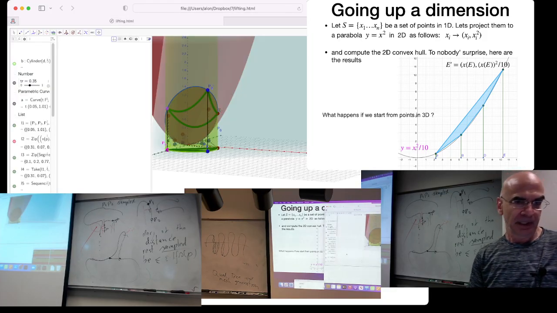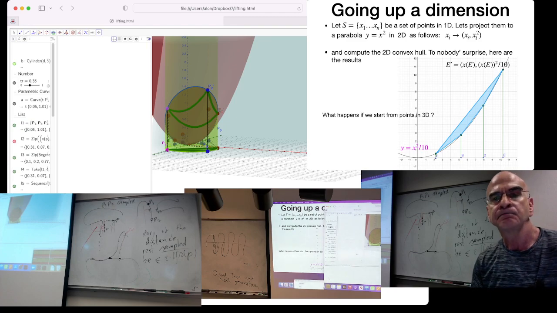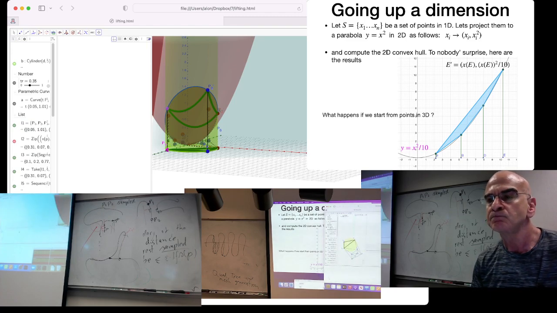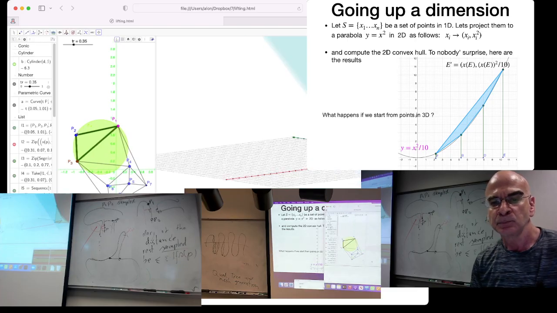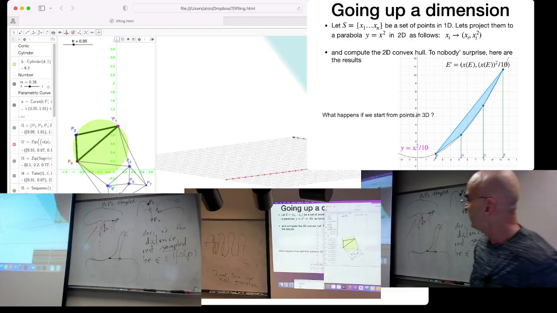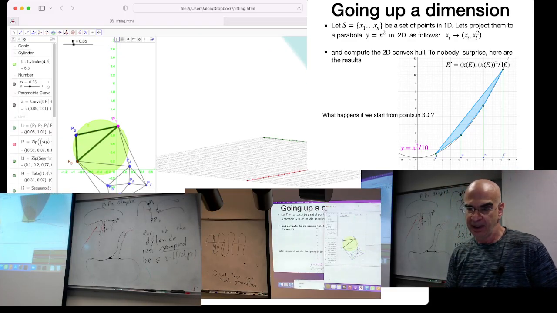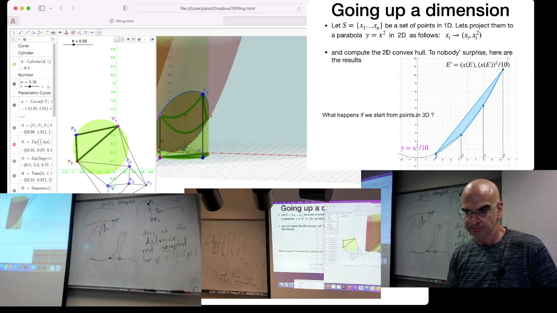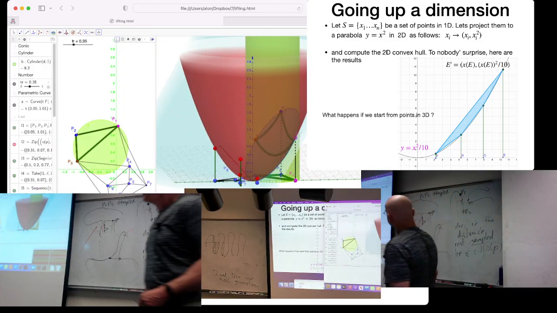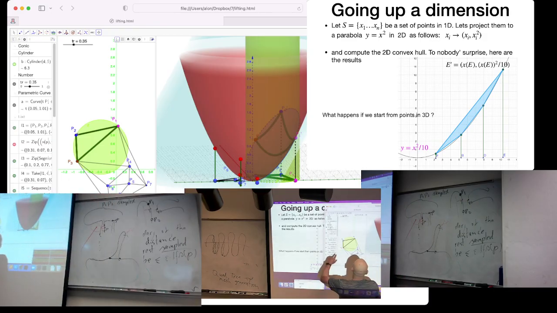Right. So here you'll see my original points, where my points live in 2D. A set of points, P1, P2, P3, and a lot of other P's out there. And I look at the Delaunay triangulation.